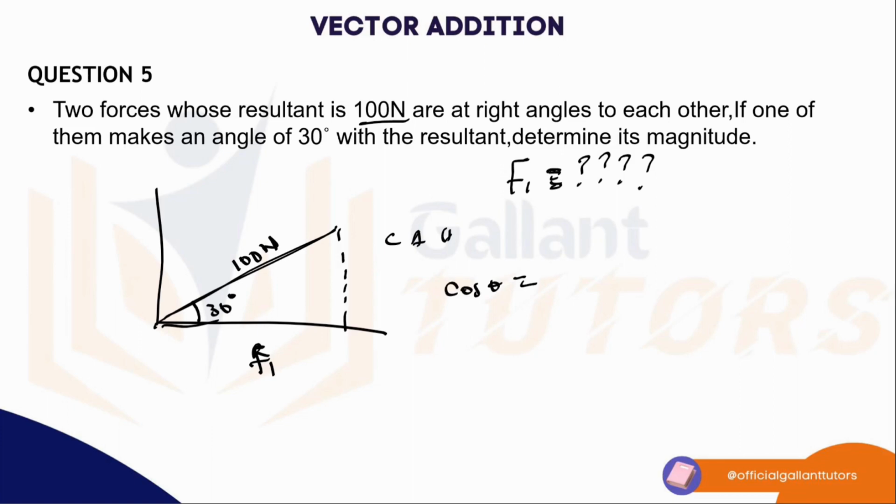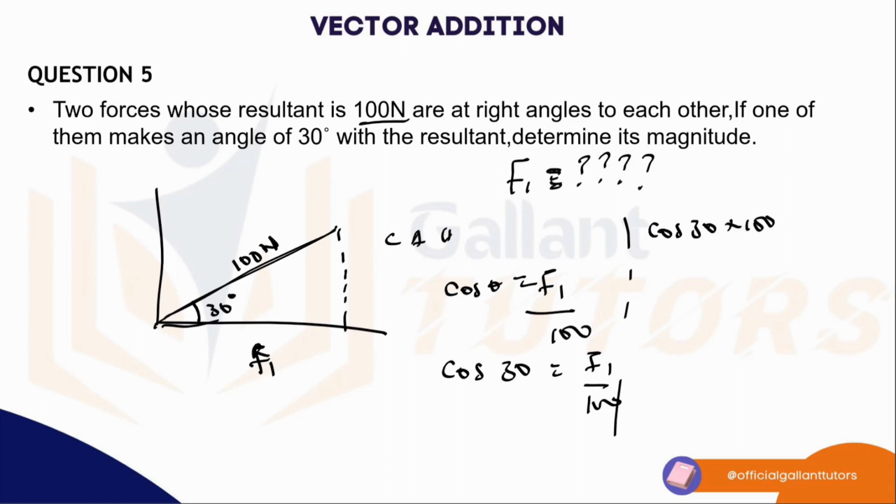So cos theta is what? Adjacent, which is F1 over what? 100. Right? Remember that theta is what? 30. Right? F1 over 100. Right? So we have cos 30 times 100 is equal to F1. So what's the value for cos 30?